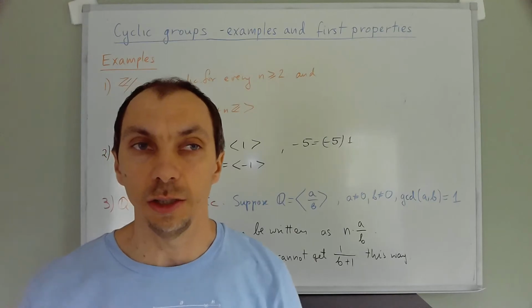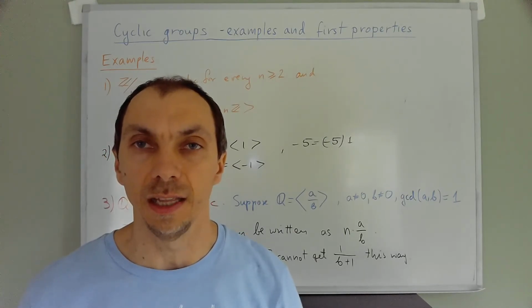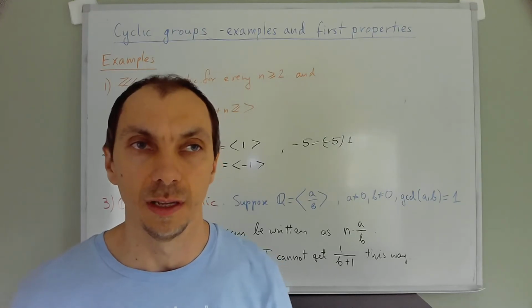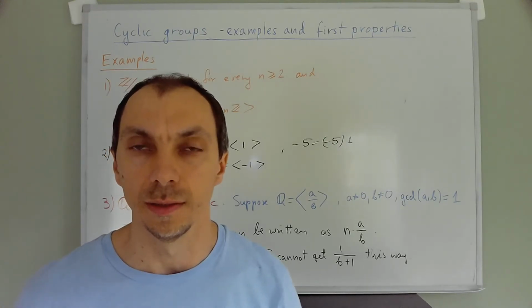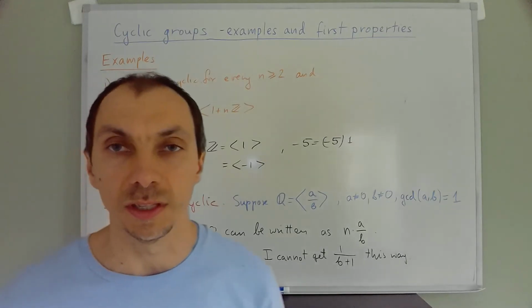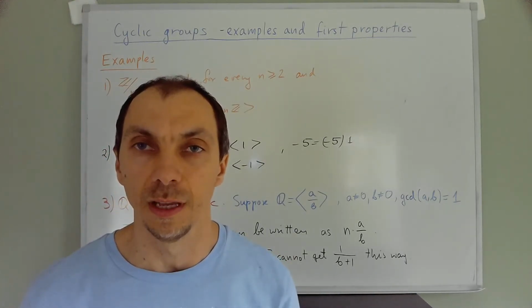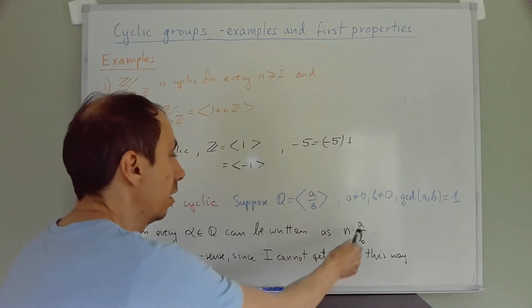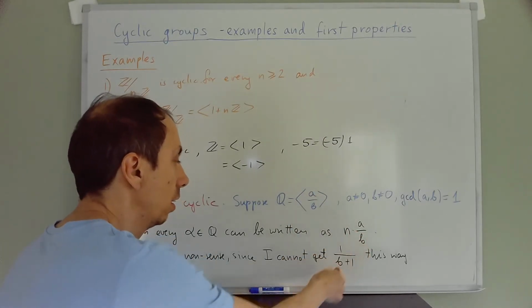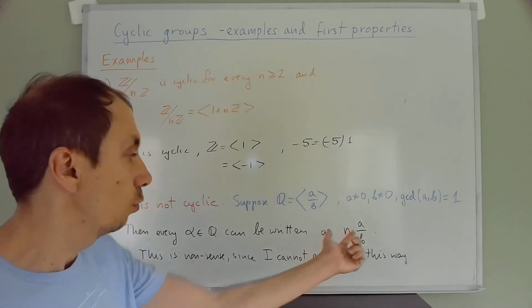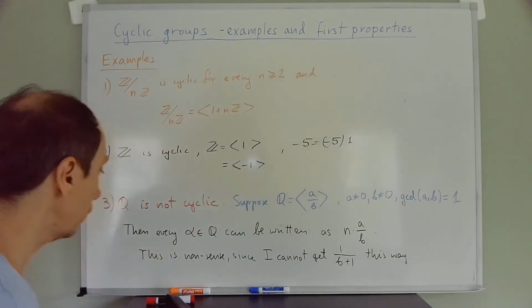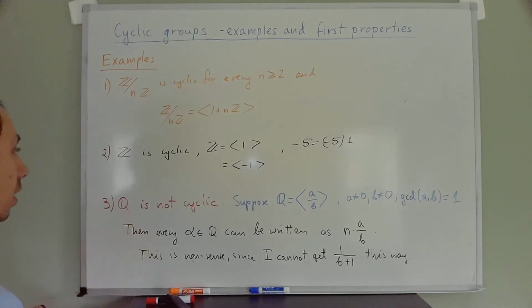If I just look at integer multiples of 2/5, I can never get anything that has a higher denominator than 5 and numerator 1. I cannot get 1/6 from multiplying 2/5 by integers. So no matter what the generator were, it has some denominator b, and then I can never get 1 over b plus 1 from this. Okay, so Q is not cyclic.